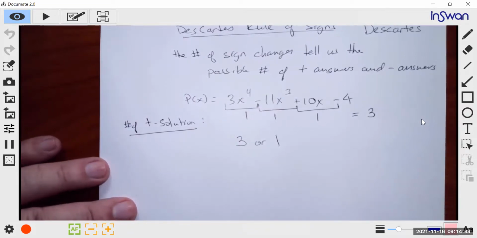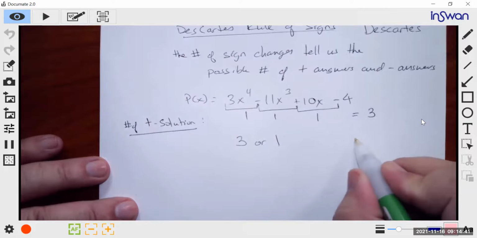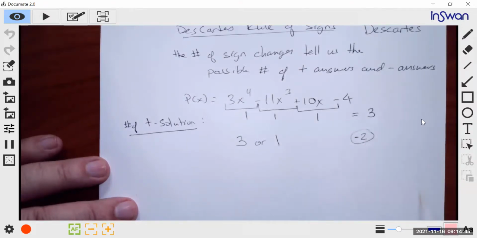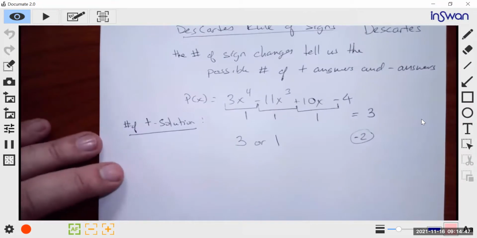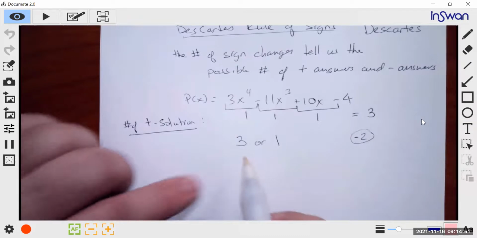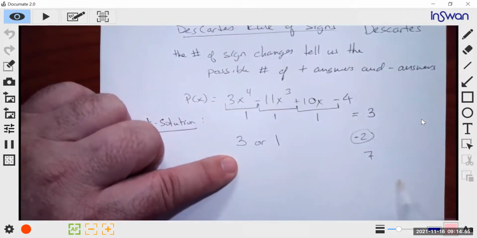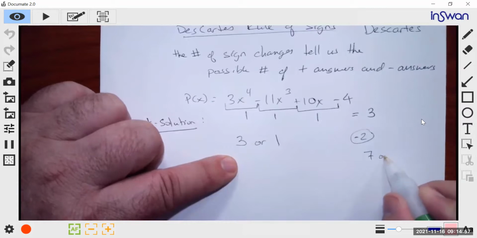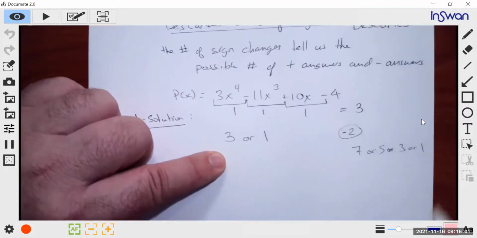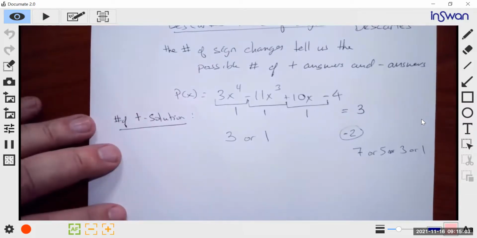This is important. Always subtract by 2. Why? If I had 7, then I'd have 7 or 5 or 3 or 1. Why do I subtract by 2 each time?